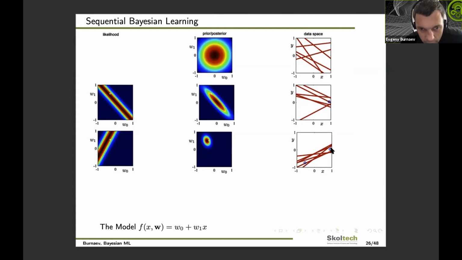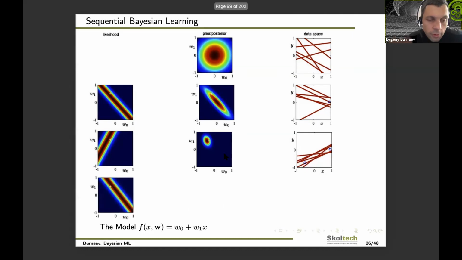By blue points here and here, I depict these two observations I have, for which I calculate this posterior. On the third step, I get the third observation. The likelihood for this third observation behaves like this.